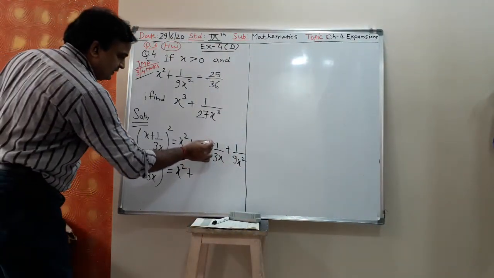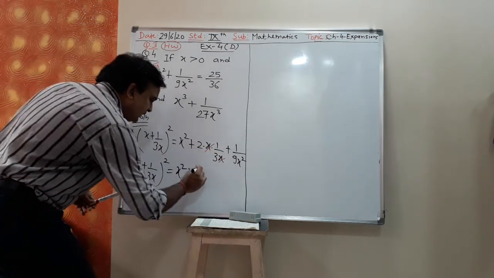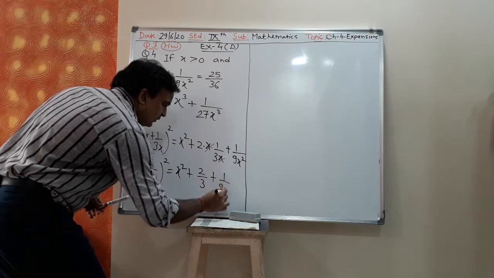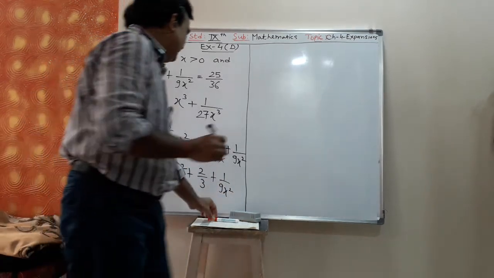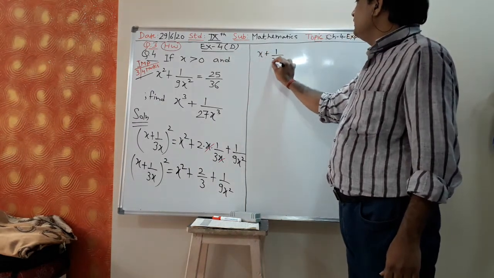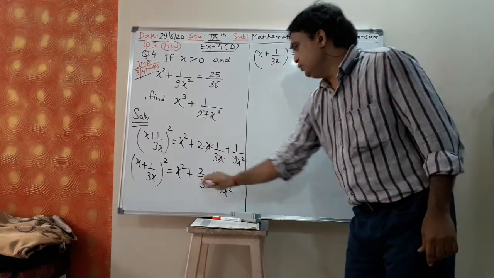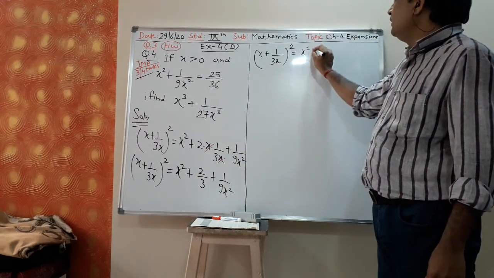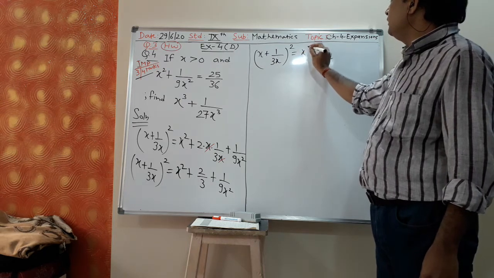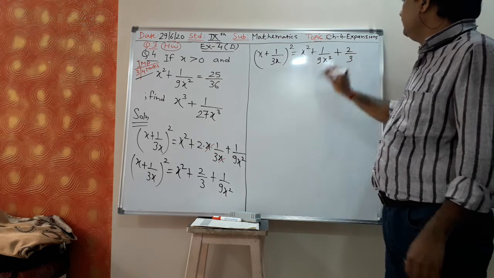This x and this x get cancelled. What is left? 2 into 1 upon 3, 2 by 3 is left, plus 1 upon 9x square. Now we take these two terms together: x square plus 1 upon 9x square, plus 2 by 3.